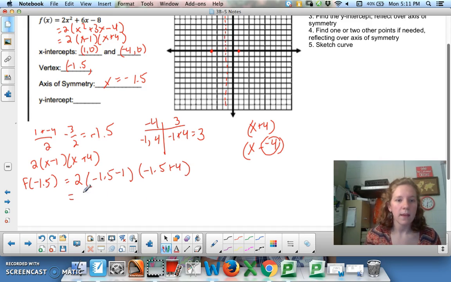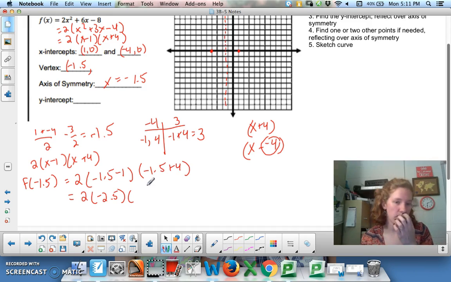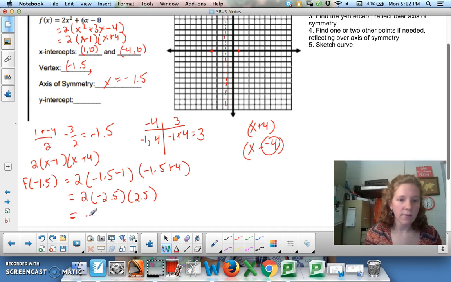Okay, so I'm going to do what's in my parentheses first. Negative 1.5 minus 1 is negative 2.5. Negative 1.5 plus 4 is going to be 2.5. And then I'm going to multiply all of this together in my calculator. Negative 2.5 times 2.5 times 2, and it is going to be negative 12.5.